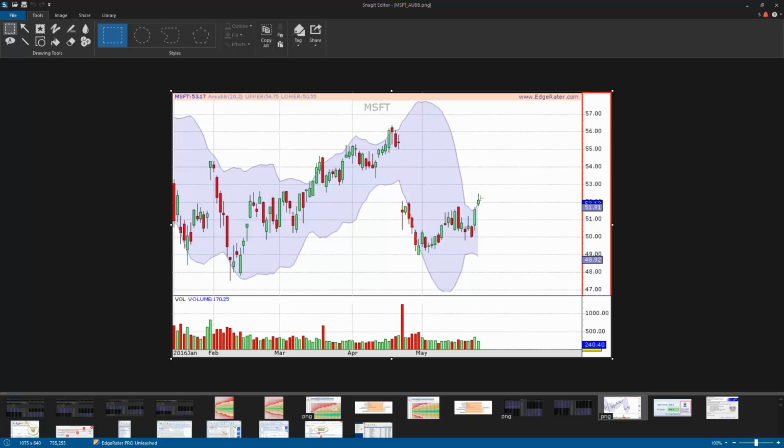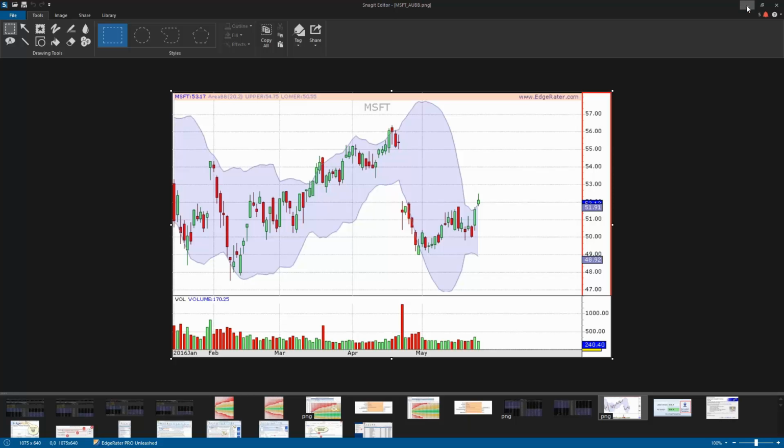Most traders know what Bollinger Bands are, and most traders think that a move above or below can be significant. But how do you know if that is a bullish signal, let's say, or a bearish signal?